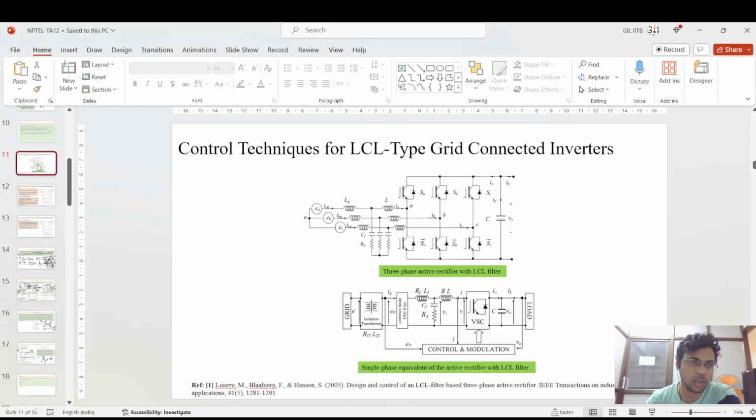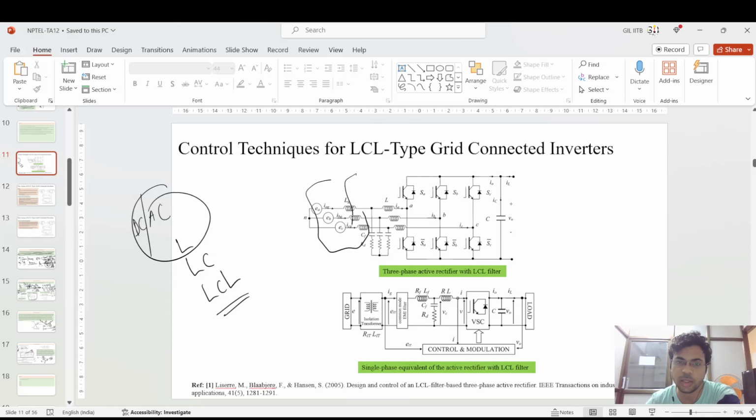Okay, thank you. So let me go to the other topics of this session, and this is related to the control technique. I've told you that various filters are there after the AC to DC to AC converter. That is the L filter, LC filter, and LCL filter. And this is the basic diagram.